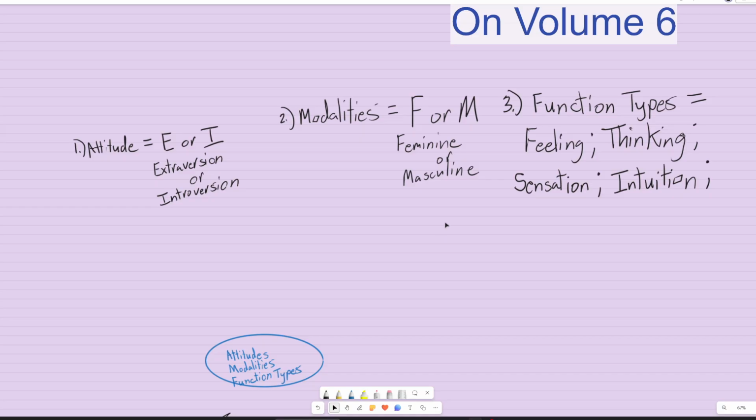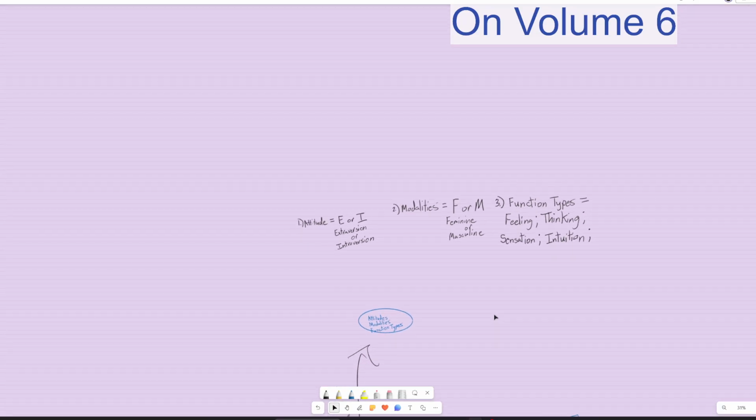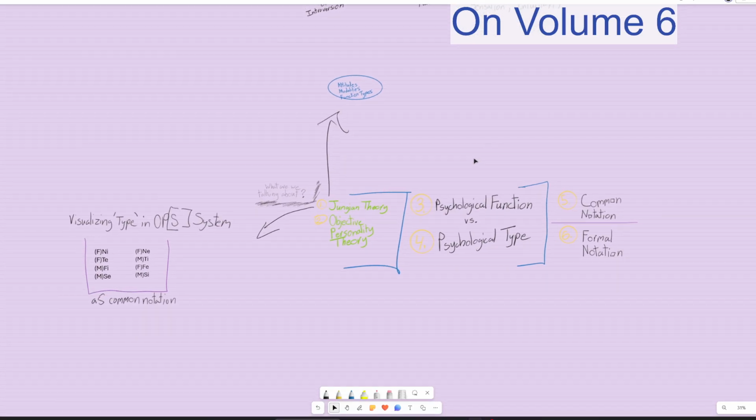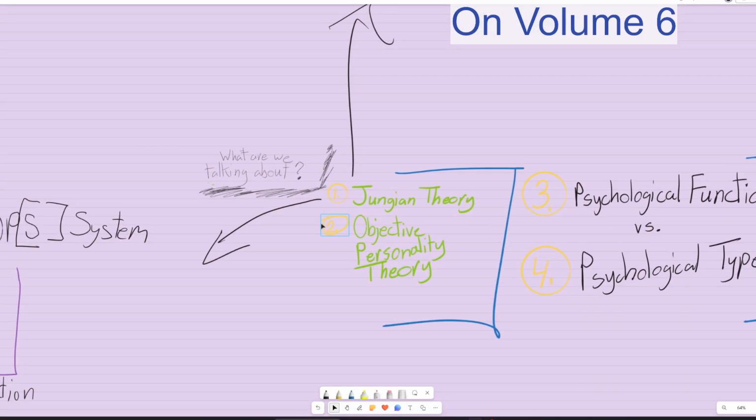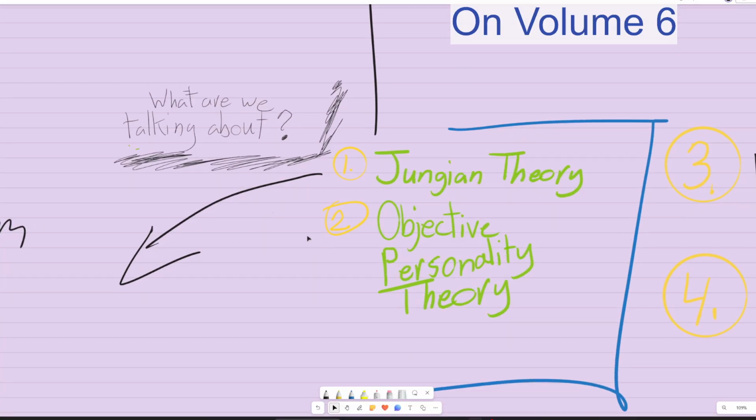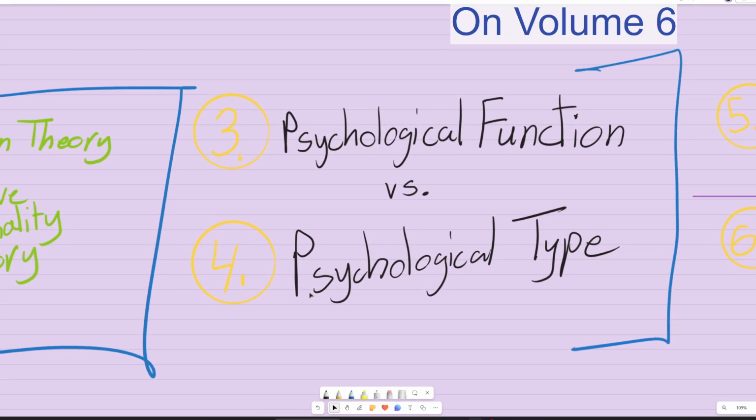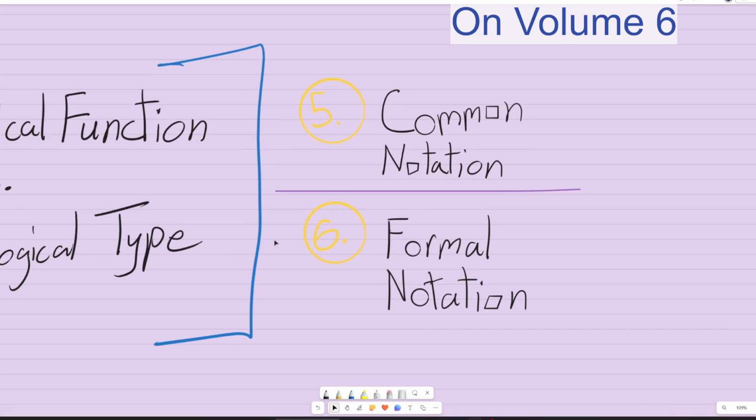So that's where we're at so far in terms of explaining what we are talking about. We're talking about objective personality, and we're talking about Jungian theory. We're talking about psychological functions versus psychological types, and we're talking about common notation and formal notation.